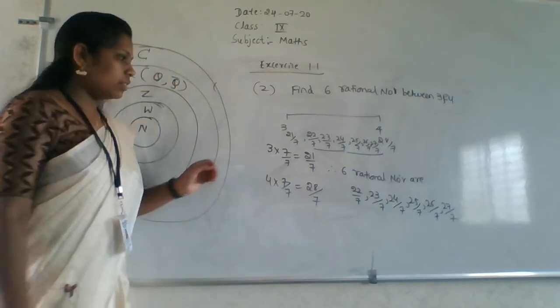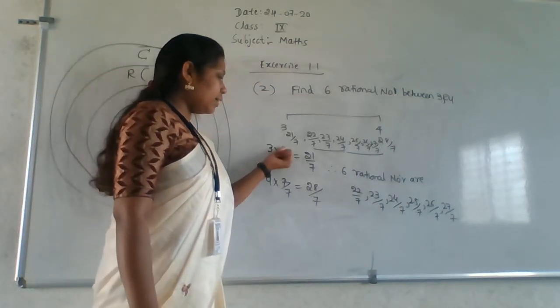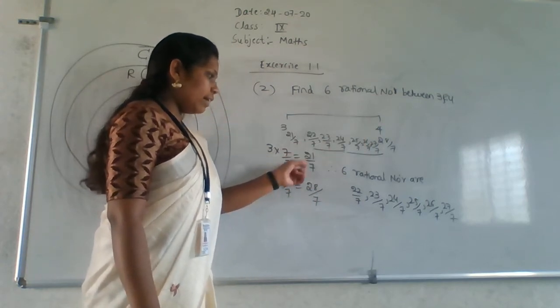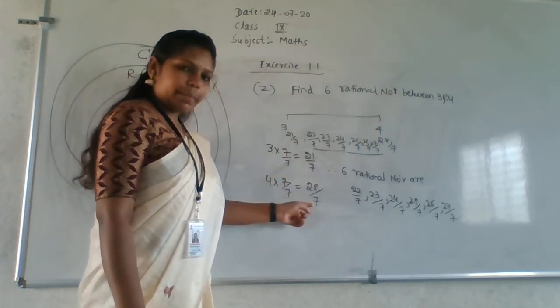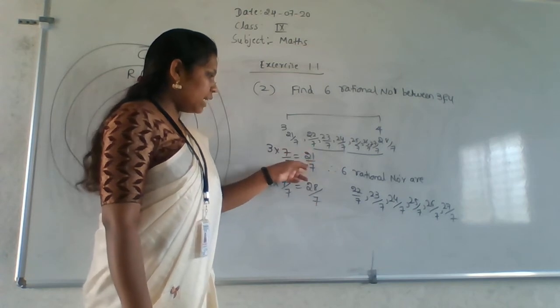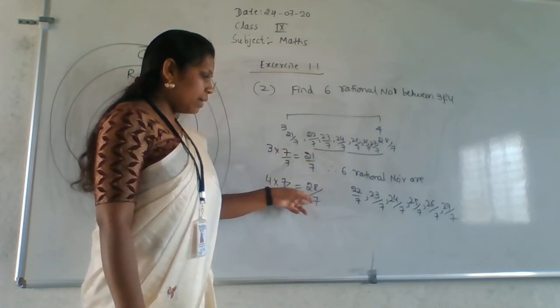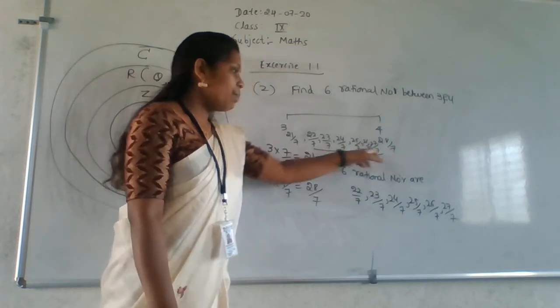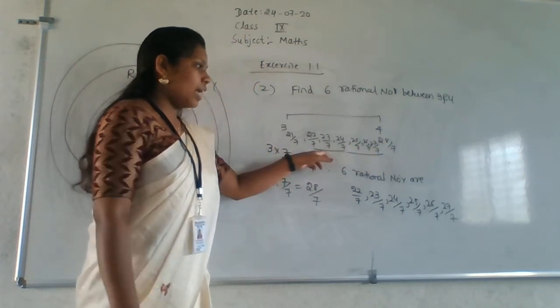Getting my point? Multiply 3 by 7 by 7 and 4 by 7 by 7, you get 21 by 7 and 28 by 7. Between 21 by 7 and 28 by 7, we have this many rational numbers.